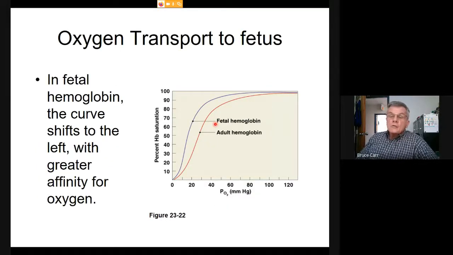That condition that we talked about for the developing fetus inside the mother's womb shows a clear difference in the saturation. At any partial pressure, adult hemoglobin, which is doing the delivery, is less saturated than fetal hemoglobin. That's that alpha alpha gamma gamma hemoglobin.